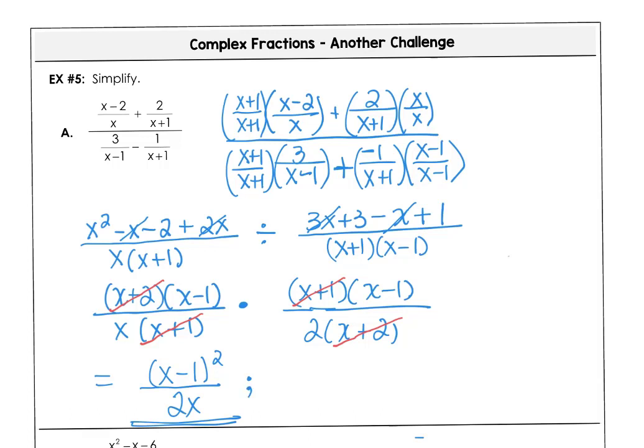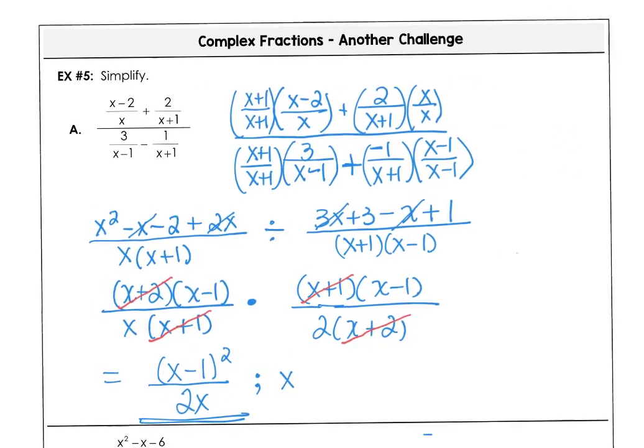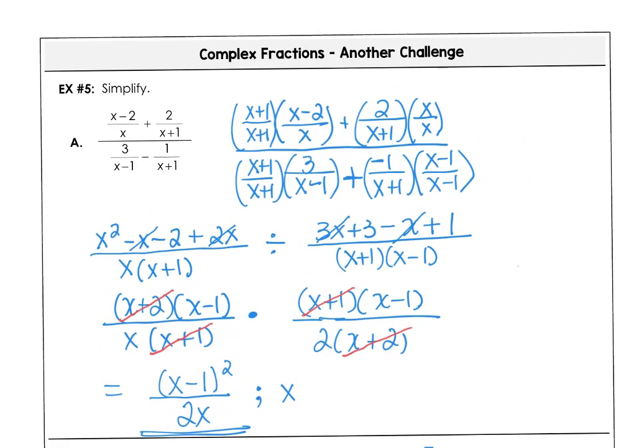And then lots of things to consider. So we've got to go back to the beginning. We can't have a 1. We can't have a negative 1. We can't have a 0. So we already did that.